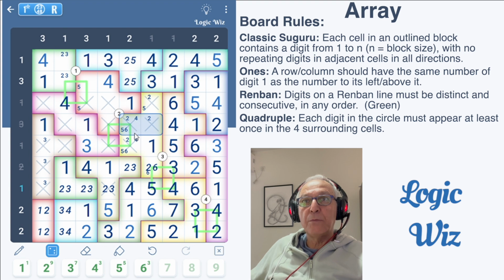Three in this block must go in one of these 3 cells. One of those must be a 1. Here we don't need a 1 anymore.